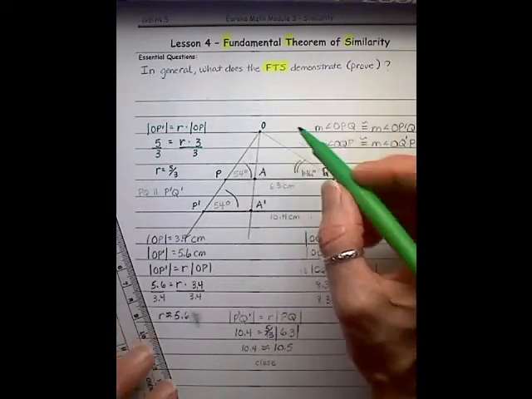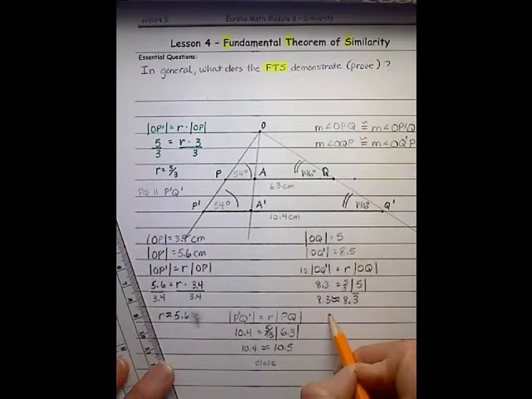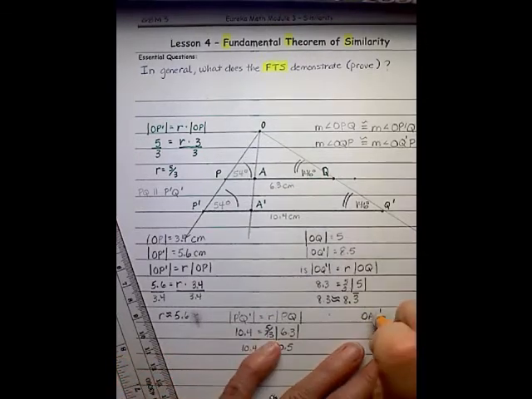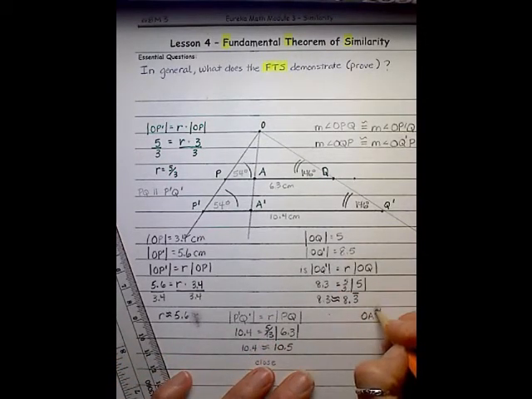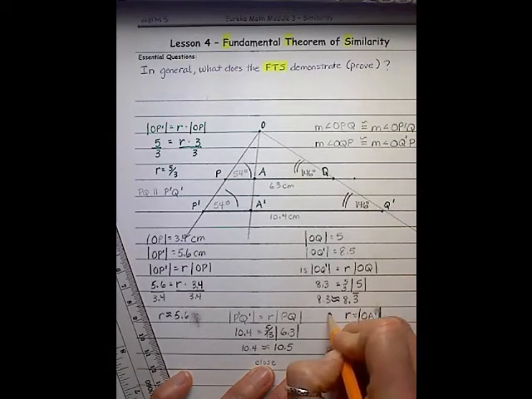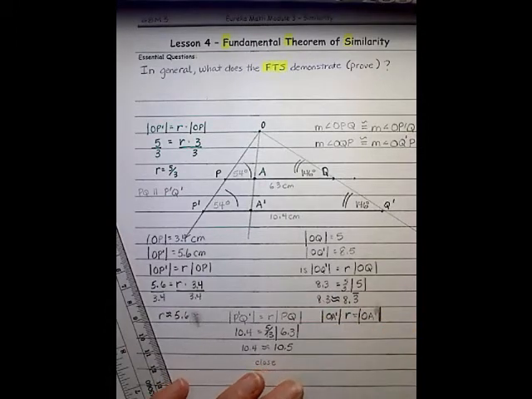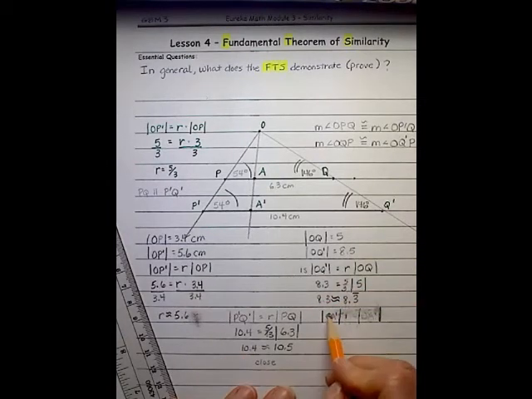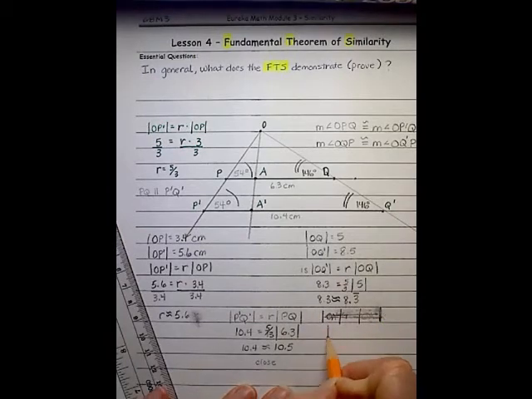So go ahead and measure your OA and OA prime. Boy, I could really use a good ruler or a good eraser right now. I'm just going to start that over. Is OA prime equal to the scale factor times OA?